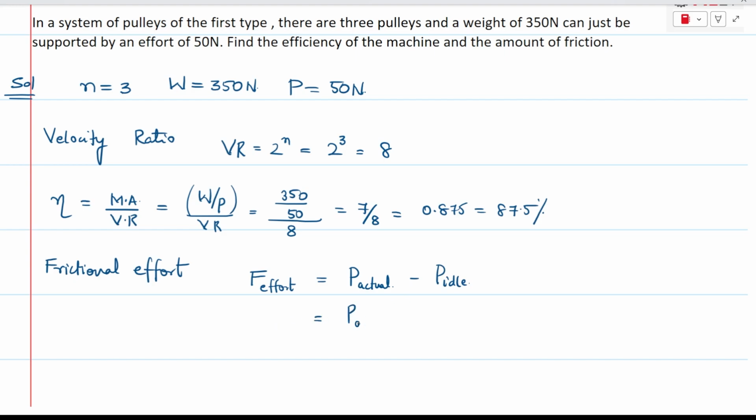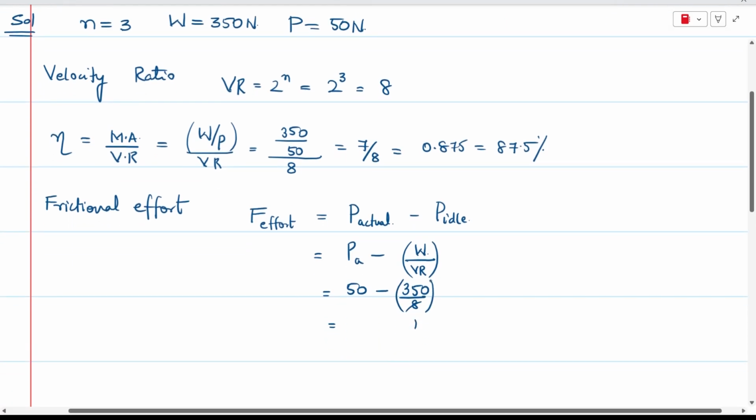So actual minus ideal, where ideal is load by velocity ratio. Actual here is 50 and ideal would be load by velocity ratio. Load is 350 divided by 8. So 8 fours are 32, and this would be 30.